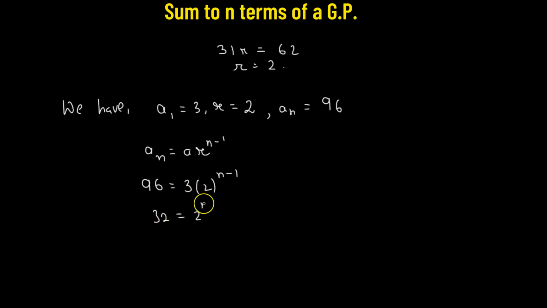So 32 equals 2 raised to the power of n minus 1. Now 32 can also be expressed as 2 raised to the power of 5, which equals 2 raised to the power of n minus 1. Since the bases are equal, the exponents are also going to be equal. Equating the exponents, we have n minus 1 equals 5. Solving for n, we get n equals 6. So that means in the given GP, there are 6 terms.